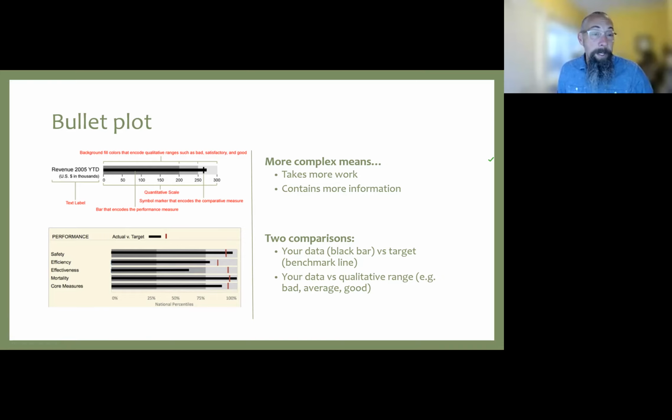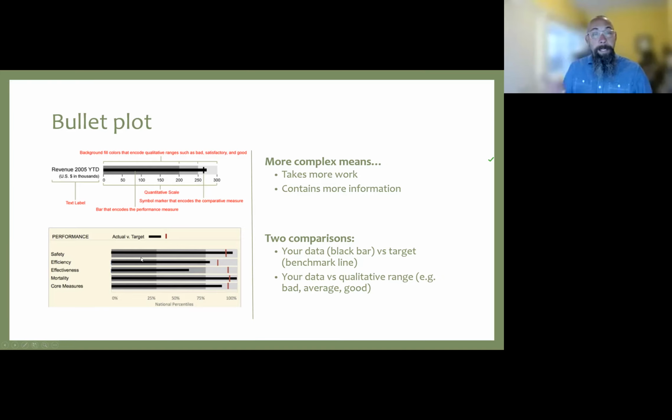So that's the same as what we got from the benchmark before. But what also is included are, we can think of these as quantitative benchmarks, right? This is the quantitative value you have met or not, you're up to that point. But we can also use qualitative encoding by using shades of color. In this case, it's a grayscale, but it could be colored as well, where perhaps this darkest color is you're really not anywhere close, the middle color is you're getting there, and the top color is you're doing really well.